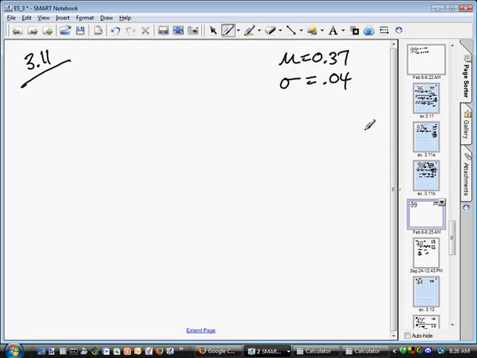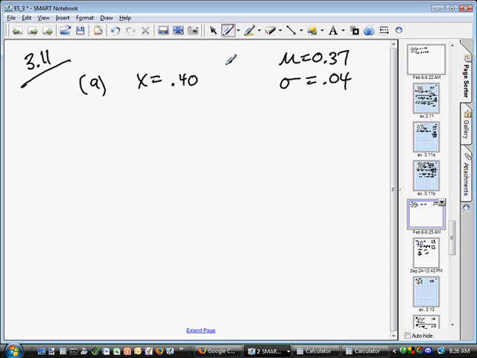Okay, part A. What proportion of adhesions measured in use are higher than 0.40? So this time they're telling you this. First of all, let's get this down. There's our score. And notice the key word, higher. Uh-oh. Remember, table will only give you less.